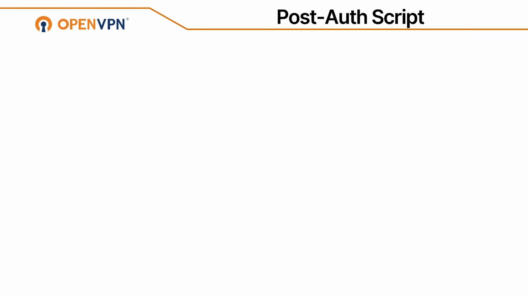So the post-auth script itself is a text file in the Python language, and I'm going to show you that in a second. With post-auth, you can do all sorts of interesting things, like automating assigning users to a group based on specific criteria, implementing a custom authentication system, adding extra filters to the login process, or checking the user's device hardware address.